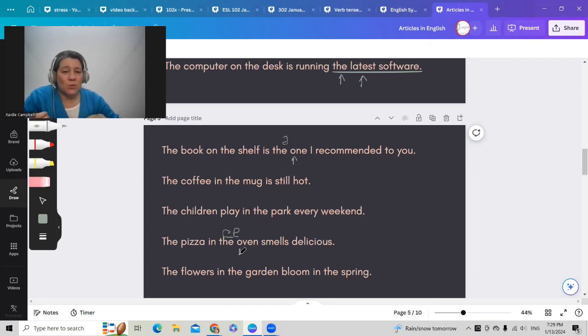So this rule applies to the sound that it makes, not to the way that we spell it. Okay, if there's a consonant sound, it's going to say the. If it's a vowel sound, it's going to say thee. The flowers in the garden bloom in the spring. All right, so that's how you use the definite article, the.